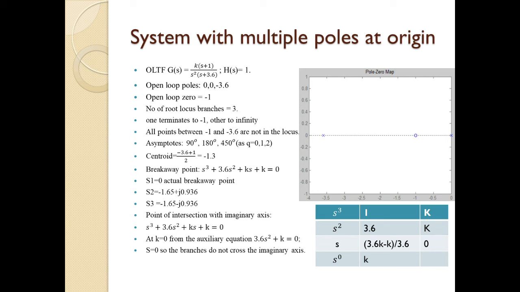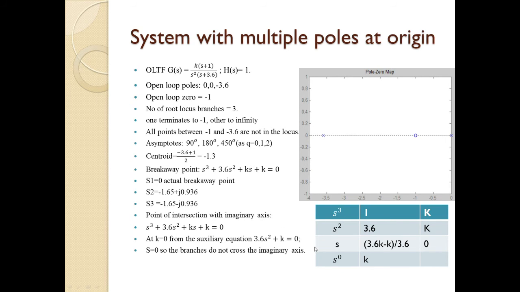To find the point of intersection with the imaginary axis, we will take help from the Routh-Hurwitz criteria. First we find the Routh table from the characteristic equation. The characteristic equation 1 plus G(s)H(s) equal to 0 becomes s to the power 3 plus 3.6 s square plus Ks plus K equal to 0.